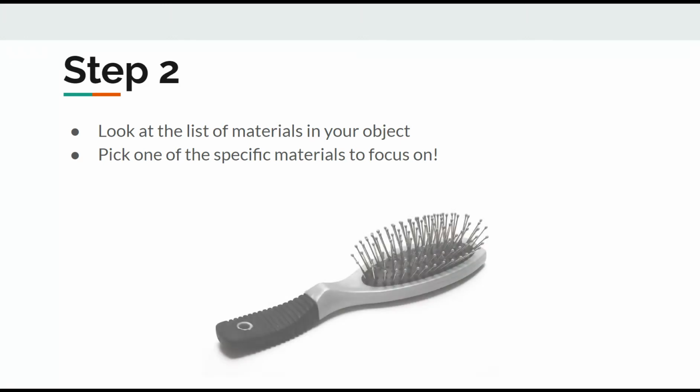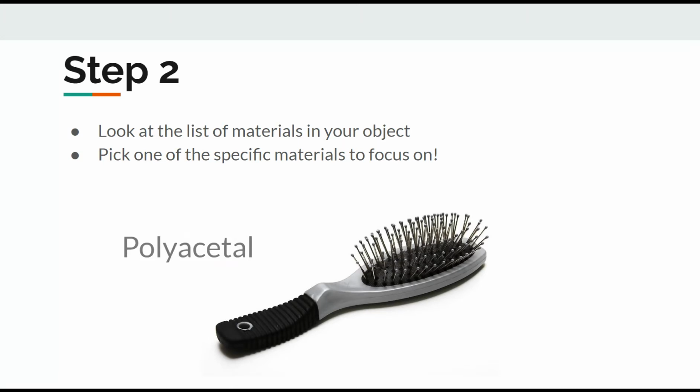I decided to think specifically about the type of hairbrush that I have, the handle being made of polyacetal, because I know nothing about this material. You need to choose one of those materials that you're going to be focusing on for this second Frayer model.